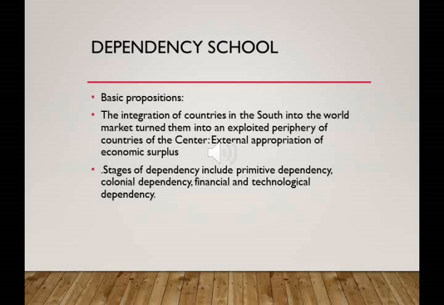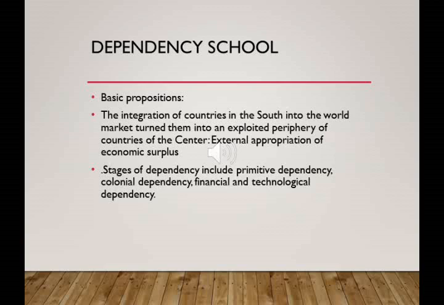The third type of dependency is financial and technological dependency. When these countries try to embark on the path of industrialization, they get either loans or foreign investments. They get loans from foreign banks, and these loans carry high interest rates. They get foreign investments, and they have to pay profits, interests, fees, etc. When they buy foreign technology, they have to pay a lot for it.